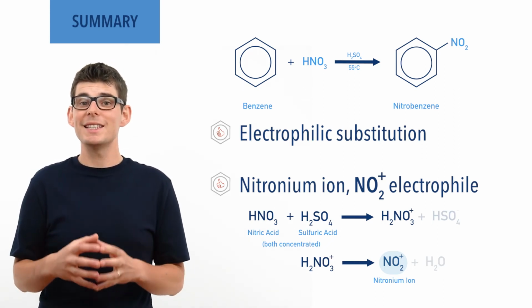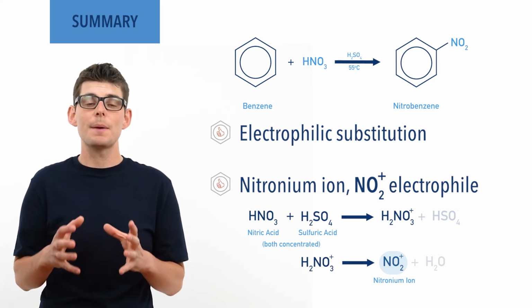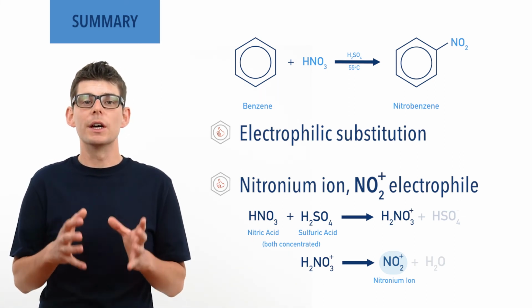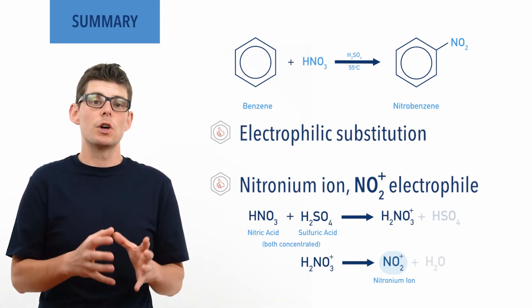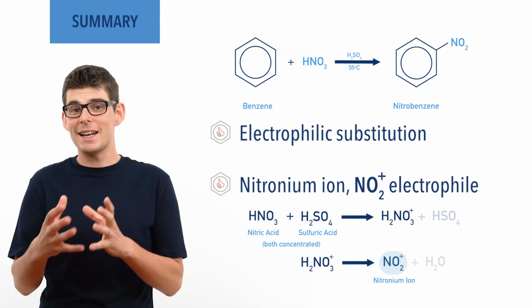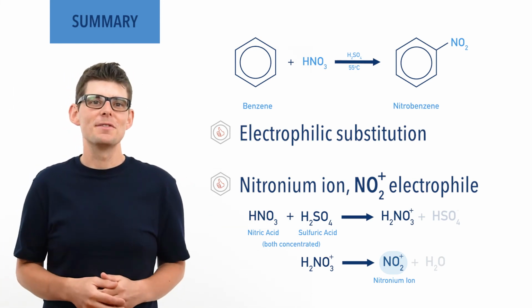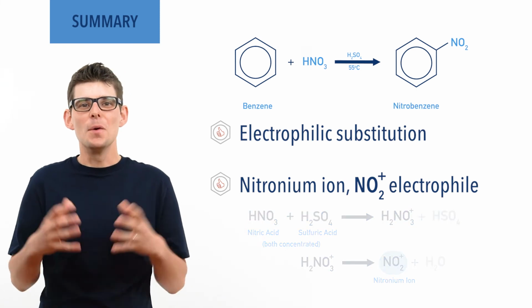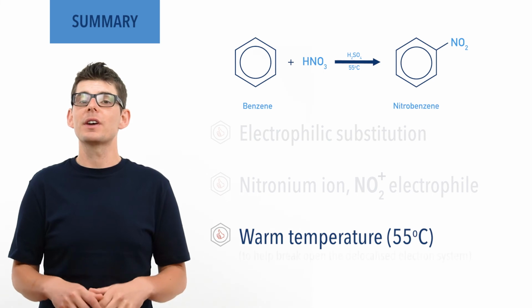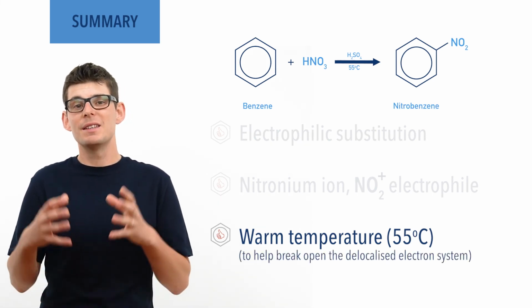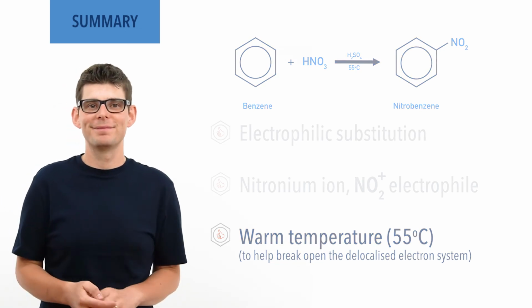The sulfuric acid is a stronger acid than nitric acid and forces the nitric acid to accept a H+ ion, becoming a nitrooxonium ion that rapidly breaks down into positively charged nitronium ions that can act as electrophiles and react with benzene. A lot of ions being mentioned there. Warm temperatures, approximately 55 degrees Celsius, are needed to overcome the high activation energy barrier to break the delocalized electron system at the start of the reaction.